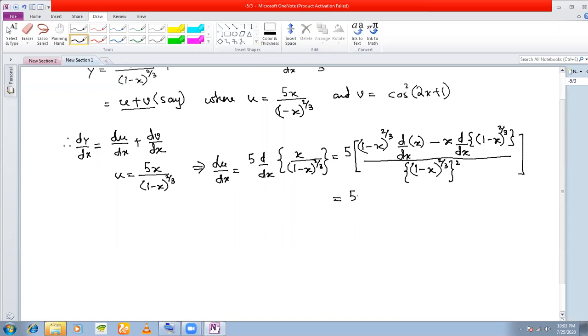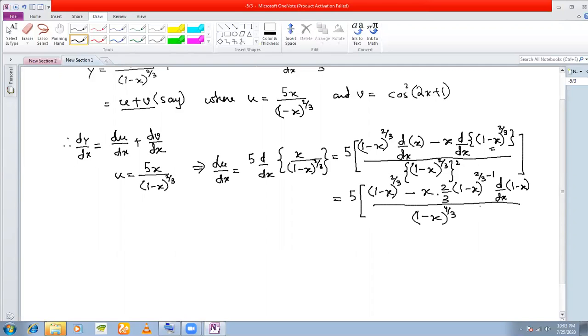Yes. 5 into 1 minus x to the power of 2/3 minus x. Now how to differentiate this? 2/3 into 1 minus x to the power of 2/3 minus 1 into the d/dx of 1 minus x, divided by 1 minus x whole to the power of 4 by 3.